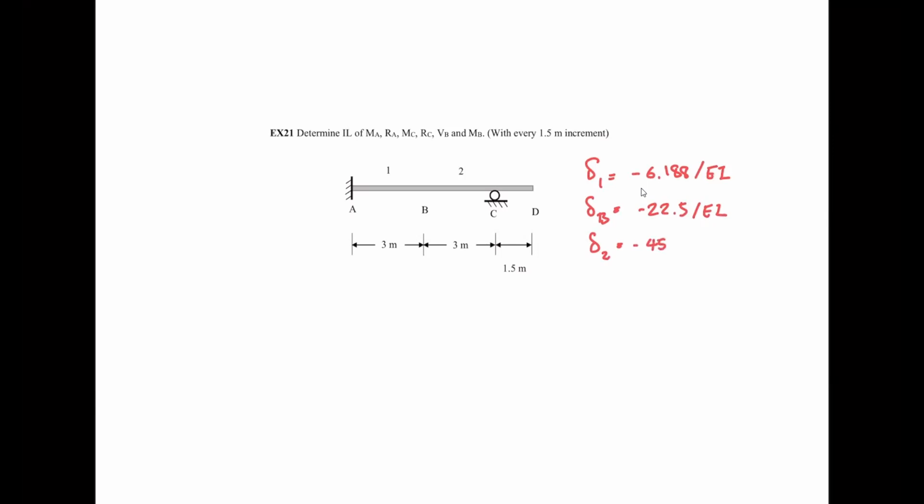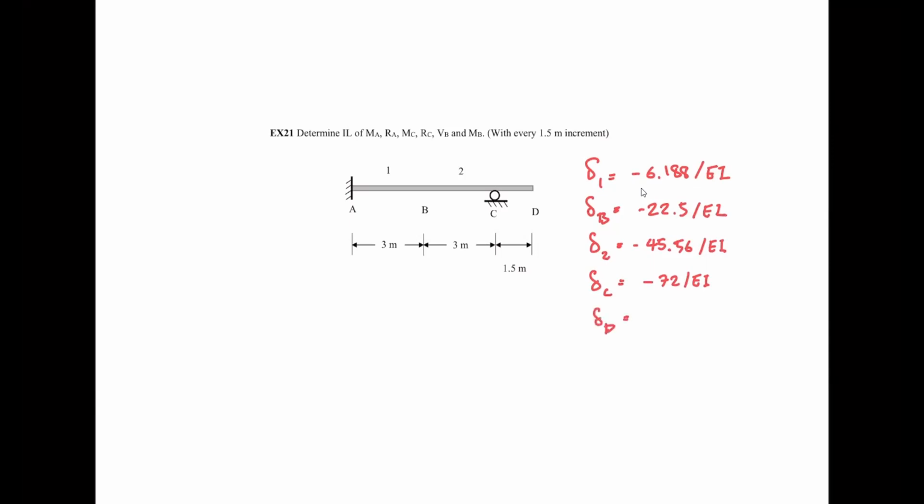Minus 45.5625. Okay. And then delta C here is minus 72 over EI. Delta D becomes a straight line, right?